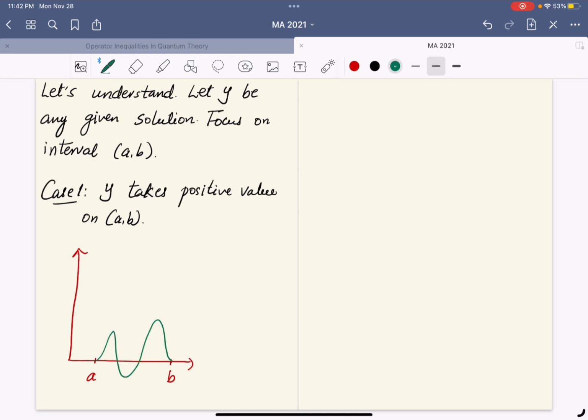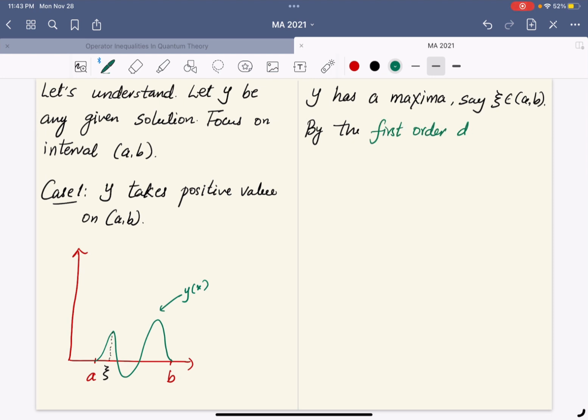It takes 0 at a and b, and the graph will be something like this because it takes positive value, and we know that every continuous function on a closed and bounded interval attains a maxima and minima. It's going to have a maxima, call it z, somewhere in the interior of [a, b]. So y has a maxima, say xi, in the interior, and by the first order necessary condition, which is also called first order derivative test, we have y prime z equal to 0.